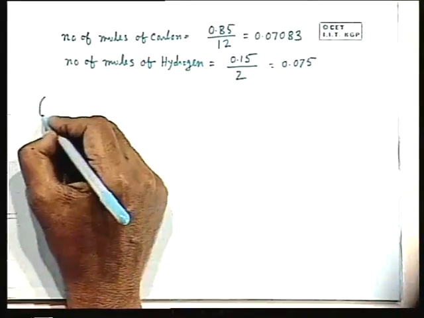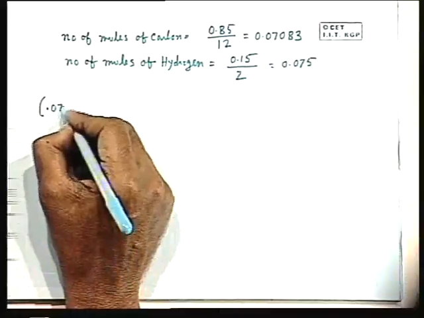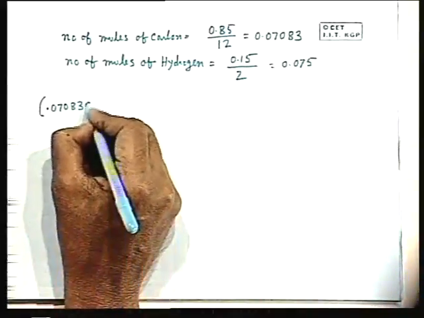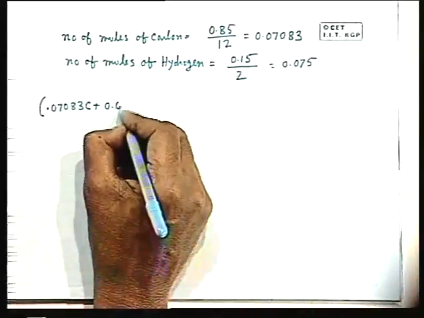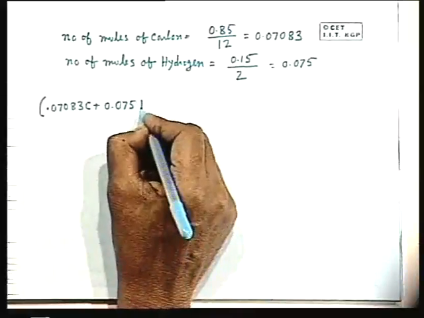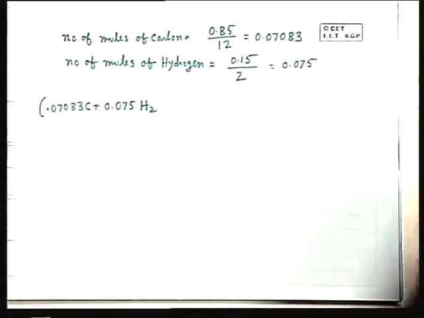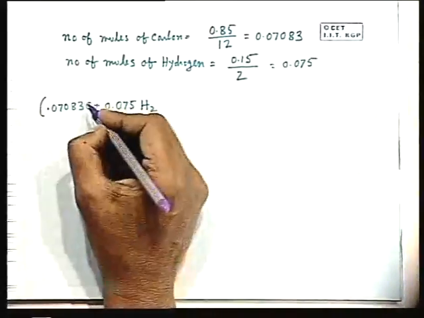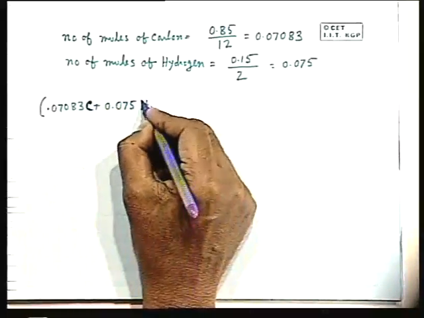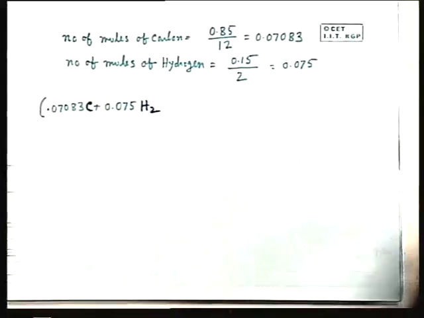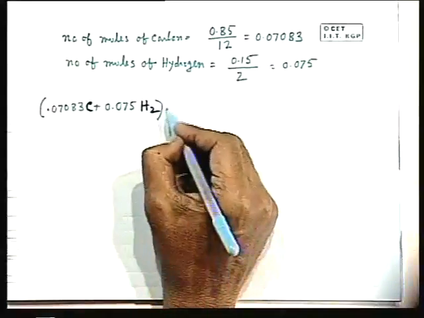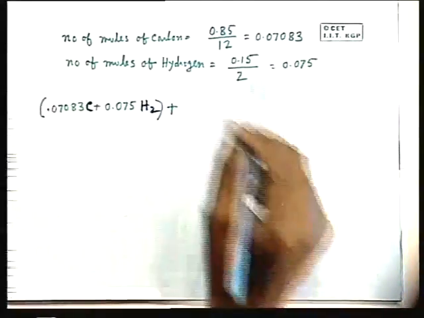The fuel is now expressed as 0.07083 C plus 0.075 H2, then plus the air.